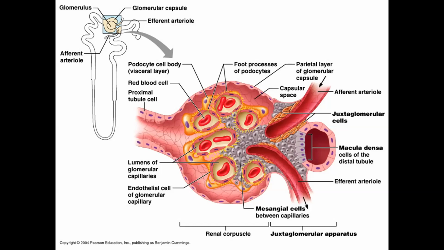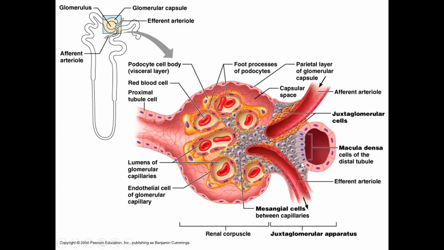One is local regulation. We call it intrinsic regulation of glomerular filtration rate. This is autoregulation. Another one is called extrinsic regulation, by changing systemic blood pressure to regulate the glomerular filtration rate. So we can explain this, all right?